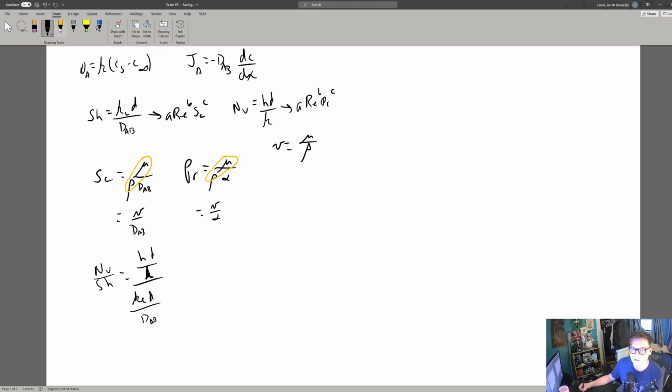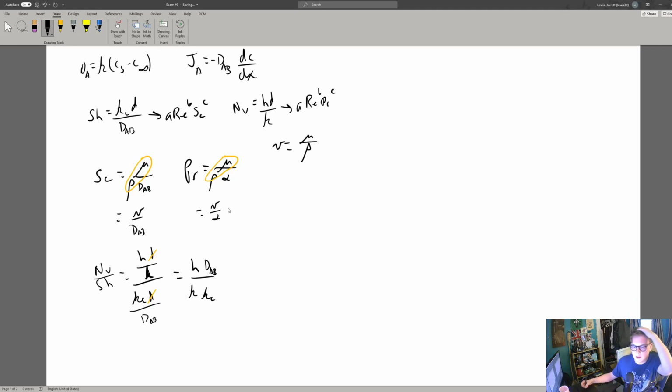And so we can see that some things cancel out, like the diameter. And we are left with the heat transfer coefficient times the diffusivity divided by the conductivity times the mass transfer coefficient.